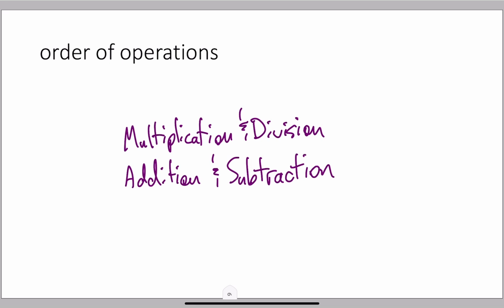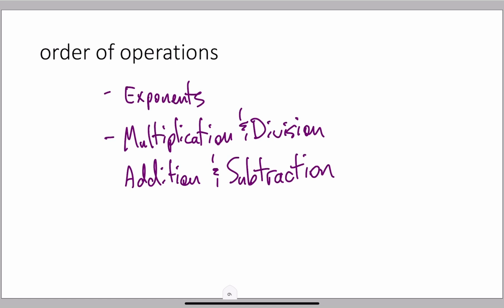There's really only one operation that's more powerful, and we just learned about it. It's repeated multiplication, aka exponents. So that's the order of operations. We take care of everything with exponents, because that's the most powerful, that's repeated multiplication.